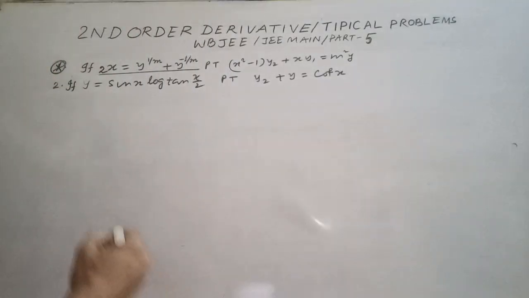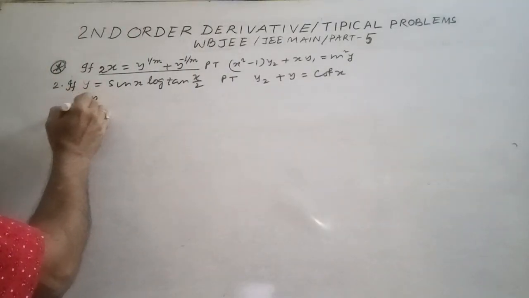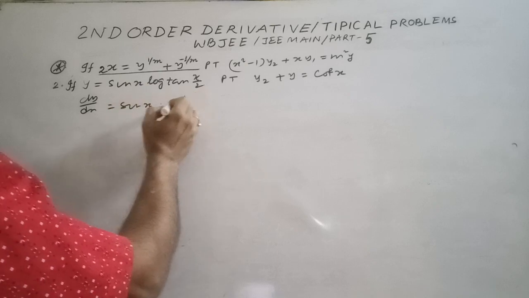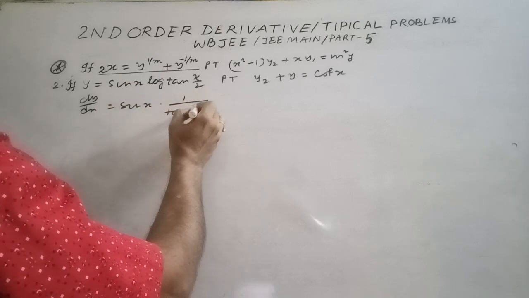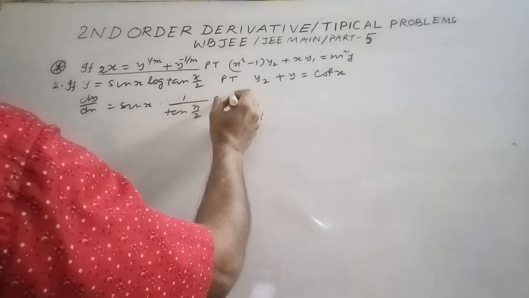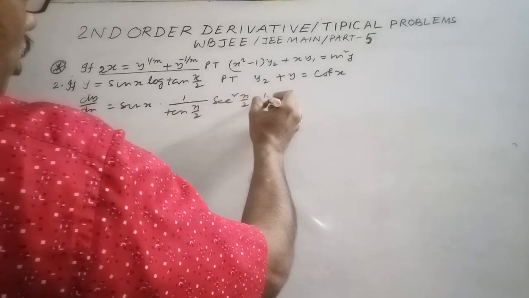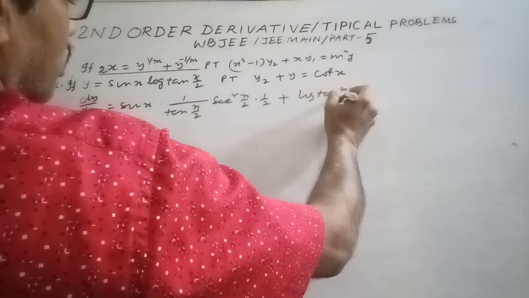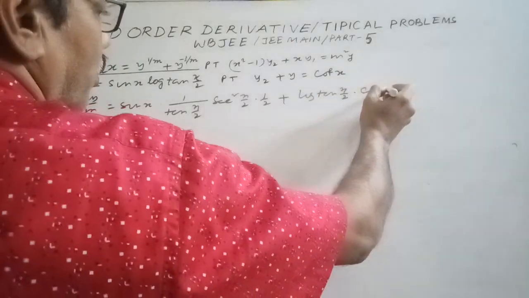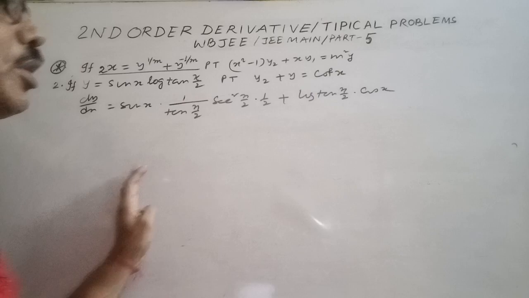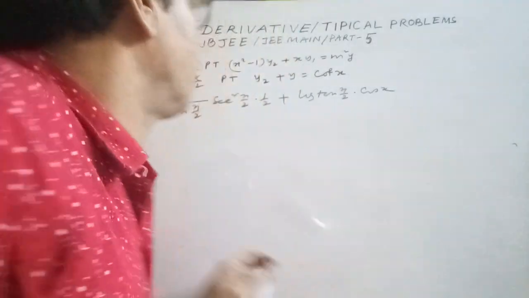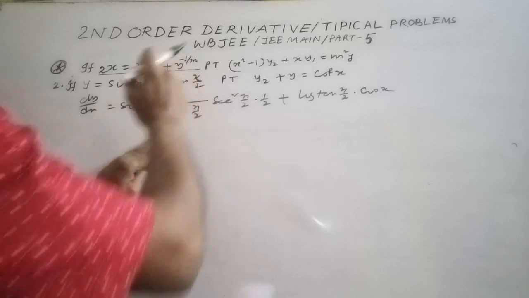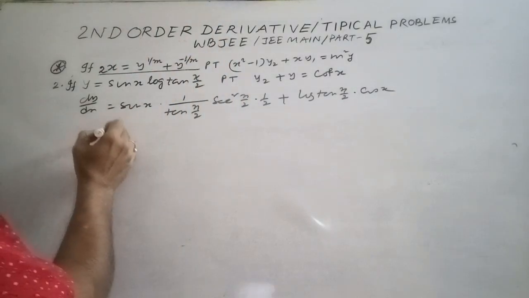Look at dy/dx. sin x unchanged, log tan(x/2): 1/tan(x/2) into sec²(x/2) into half, plus log tan(x/2) into cos x. The derivative of log tan(x/2) is sec x, so let us verify.